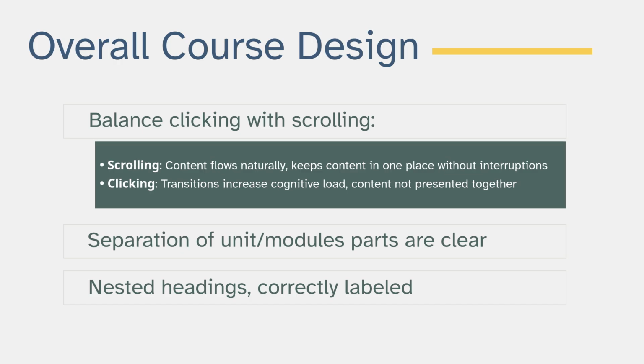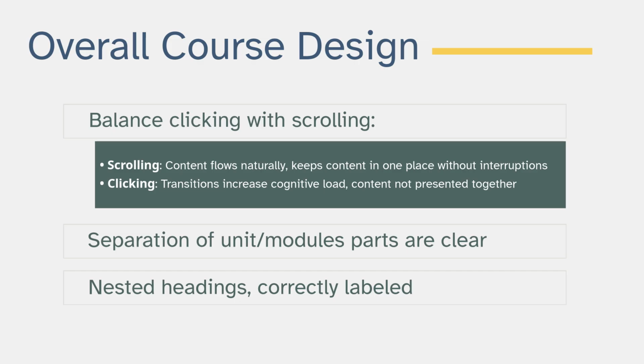On the other hand, too much clicking can be frustrating and increase cognitive effort because students have to constantly transition between screens. It places an unnecessary investment of time and energy on the student. Clear separation of different parts of a lesson also helps support attention, concentration, and retention by giving students logical pauses and visual structure as they move through the material.